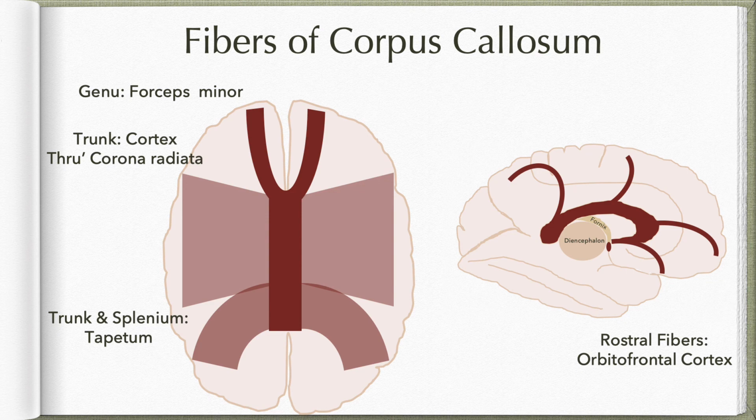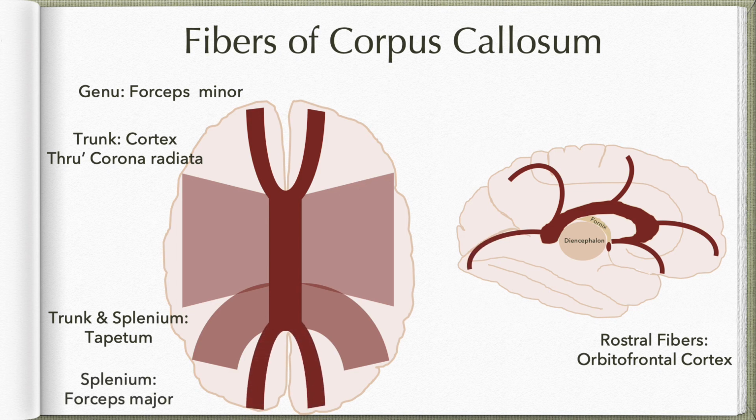Now this thin sheet is known as tapetum. And finally, the fibers which start from the splenium will travel back to the occipital pole. Again, it resembles prongs of the forceps, so they are known as forceps major.